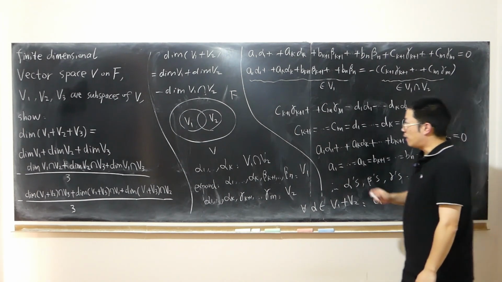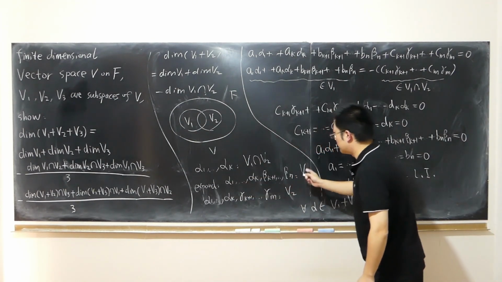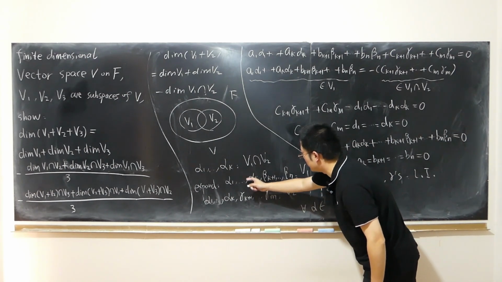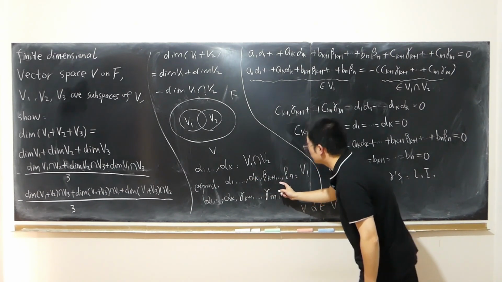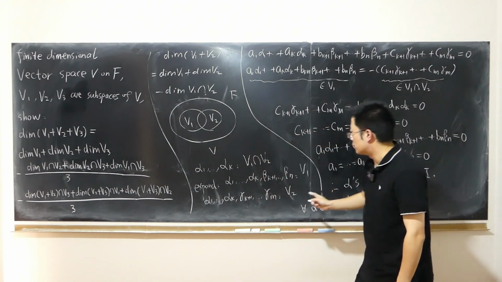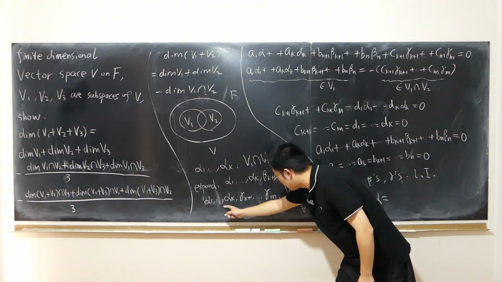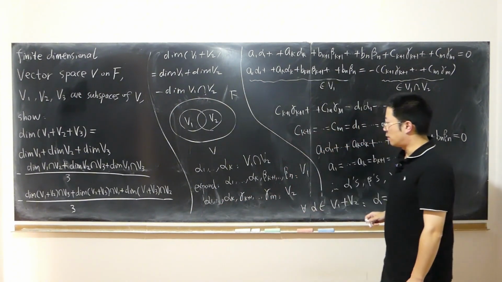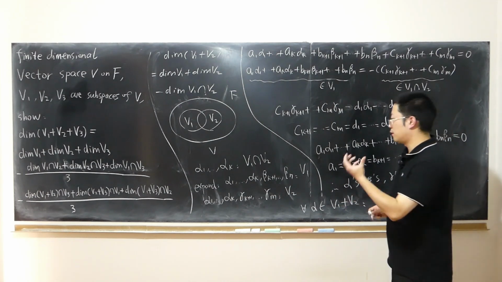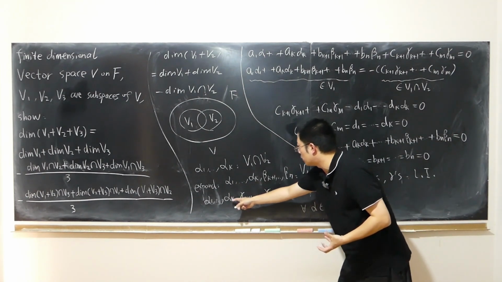Since every element of V1 can be written as a linear combination of the basis of V1, that's a linear combination of alphas and betas. Any element from V2 can be written as a linear combination of the basis of V2, that is a linear combination of alphas and gammas. So when you add them up, it becomes a linear combination of alphas, betas, and gammas.